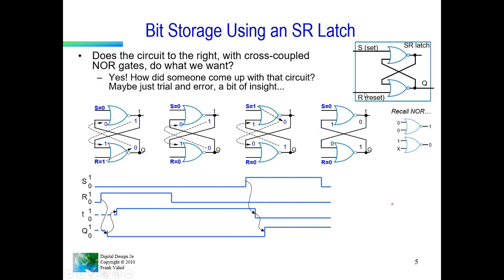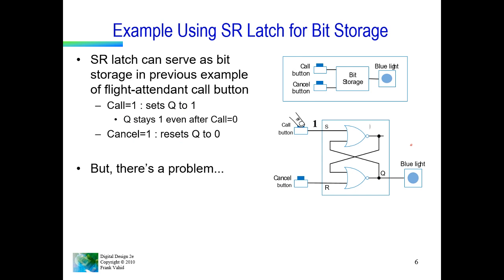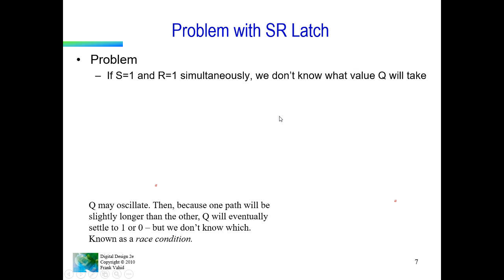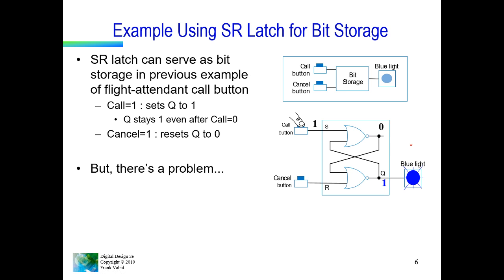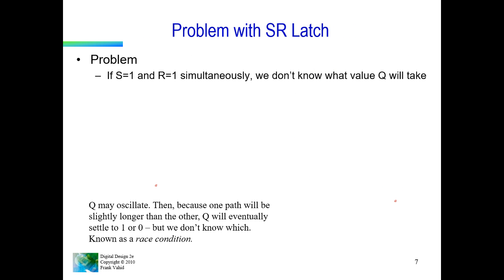Now, what happens if I happen to push a 1 on both of those? So this shows, go back to the call attendant, I can push the call button, that's fine. And then if I push the cancel button, that would cancel it. So that works. But what happens if I push the set and the reset at the same time?